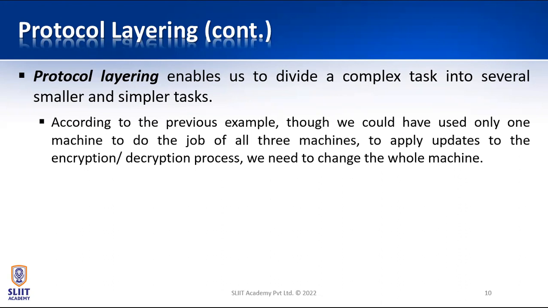When you're updating the operating system, you can update it separately from the other things. When you're updating the applications we use on our computers, we can update them independently. It's because we have these layers designed in these systems. Otherwise, when you update the operating system, you would have to buy a new computer.